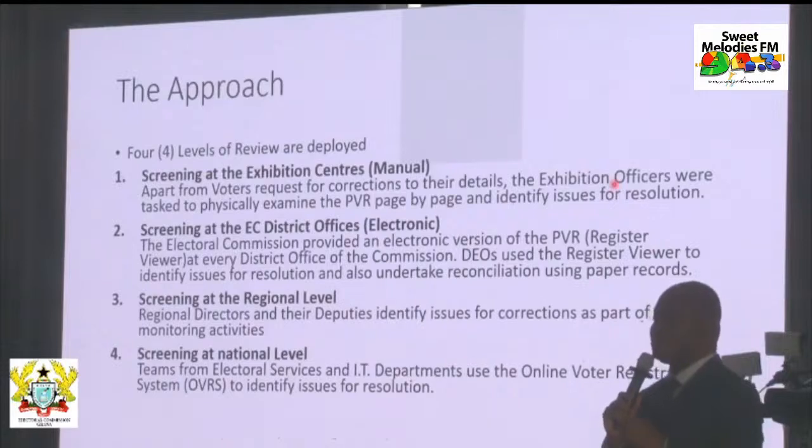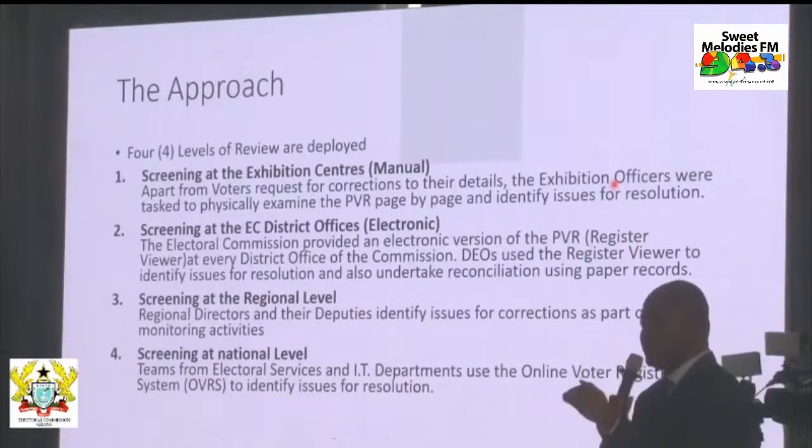Then we had the electronic method. The electronic method is what the district election officers and their secretaries use, an application that was developed called the District Register Viewer that allows them to look at the register as is. Remember that errors were being reported, and they were being corrected.